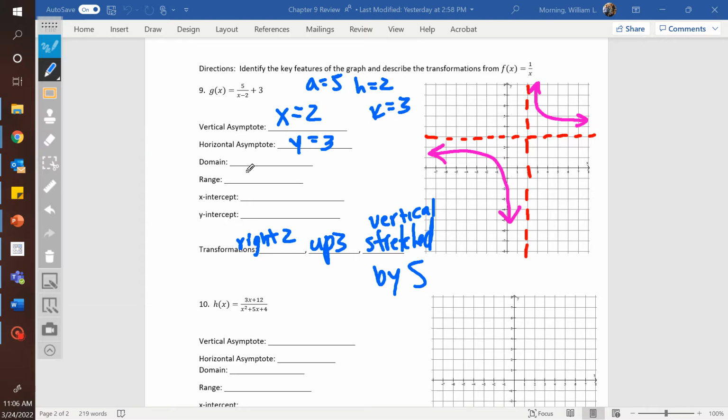As far as my domain, it is everything except for 2, the vertical asymptote. My range is everything except for 3, which is my horizontal asymptote.